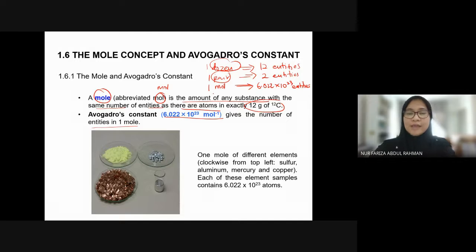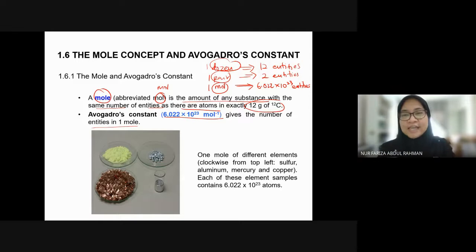Okay, so atoms and those others should have their own penjodoh bilangan, which is known as mole. So the number of entities in 1 mole is equal to 6.022 times 10 to the power of 23 entities.